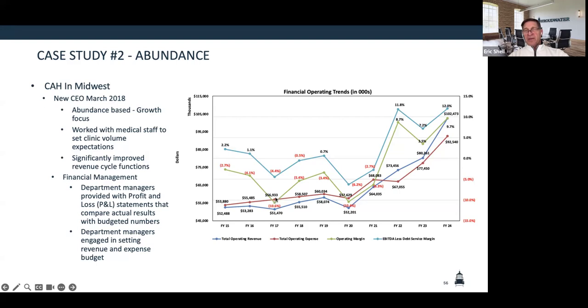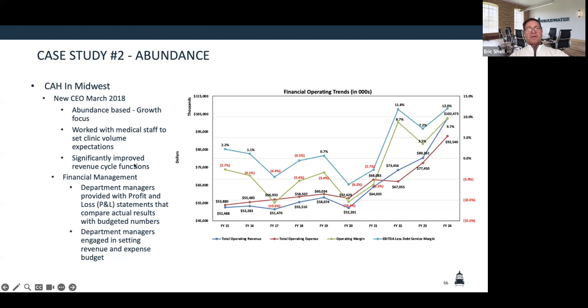The new CEO came in, again, top three most abundant CEOs I've ever met. And if you take out COVID, take out 2020 and 2021 COVID, and run a line right through since this gentleman has come on board, here's their performance trended. So they went from a negative 10.6 loss to a 10% operating margin gain, and they're still going upwards.